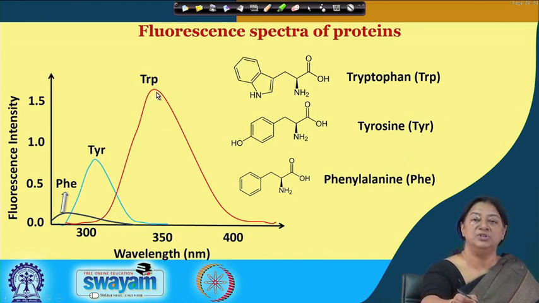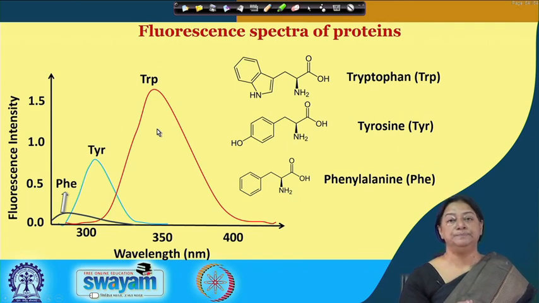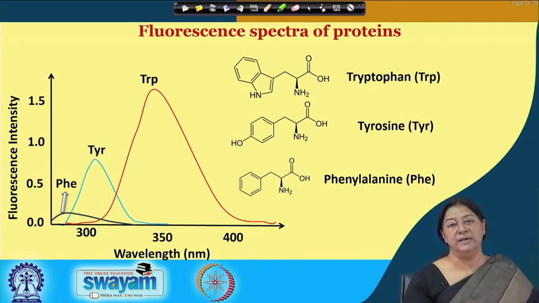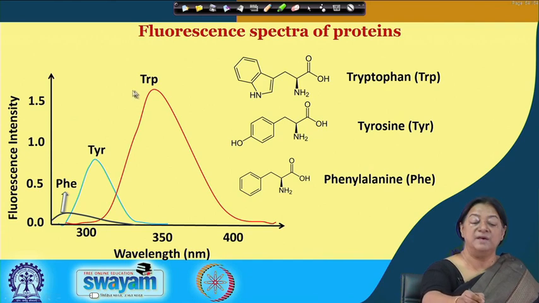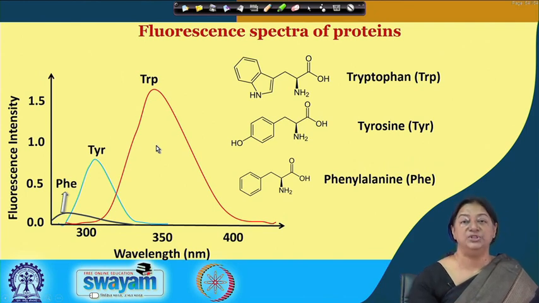What do we mean by quenching? We are going to have a loss in fluorescence intensity. If a protein is bound to a ligand or some other molecule that blocks the fluorescence emission of tryptophan, then we will not have a higher fluorescence intensity. There will be a drop in fluorescence intensity, and that is called quenching.